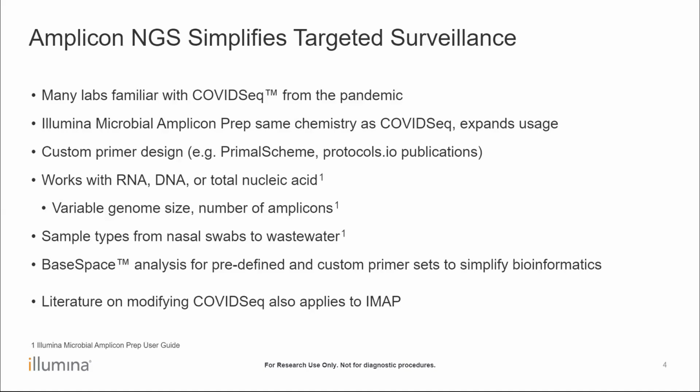Basebase.com allows analysis for both predefined references, and also you can very easily upload your own custom primers for analysis. And just a point, there's a lot of literature out there talking about COVID-seq and modifying that for use with other viruses. Any papers on COVID-seq also apply to the IMAP kit.